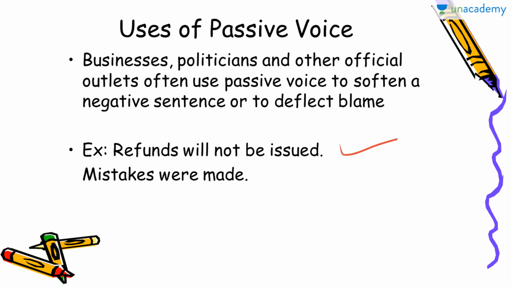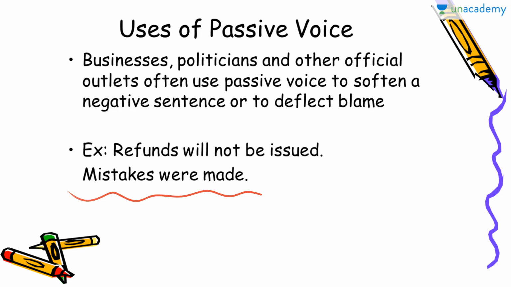Another example, mistakes were made. Now just imagine there was a great project going on, and there were two people who made a blunder. They made major mistakes. Now the CEO needs to tell that mistakes were made, but he cannot tell the names of those people. Still, he needs to break the news, for it is something negative.